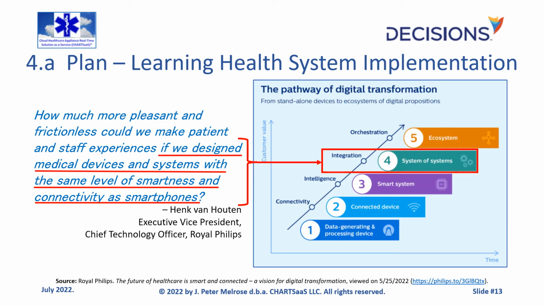Henk van Houten's healthcare IT proposition shown here is the basis, or should be, for the conception and implementation of a digital learning health system that is practicable and scalable. I have positioned his proposed system, referring to a rational and coordinated array of standards and procedures, both human and automated, at the quote, integration, end quote, level of the digital transformation pathway or roadmap depicted.